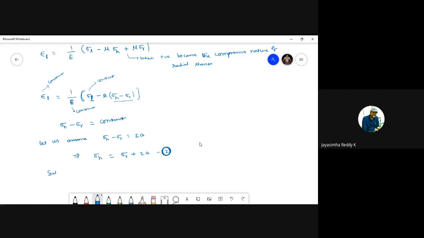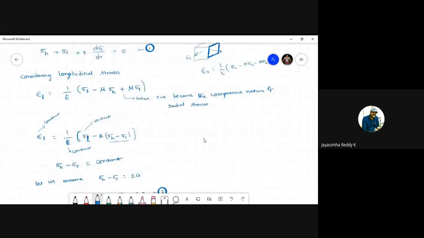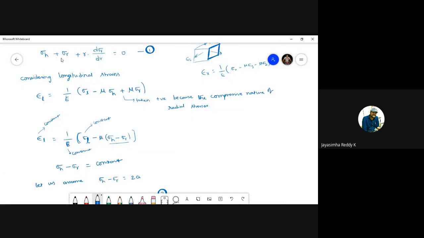Substitute 2 in equation number 1. What is equation 1, students? Equation 1 is sigma H plus sigma R plus R into d sigma R by dr is equal to 0.